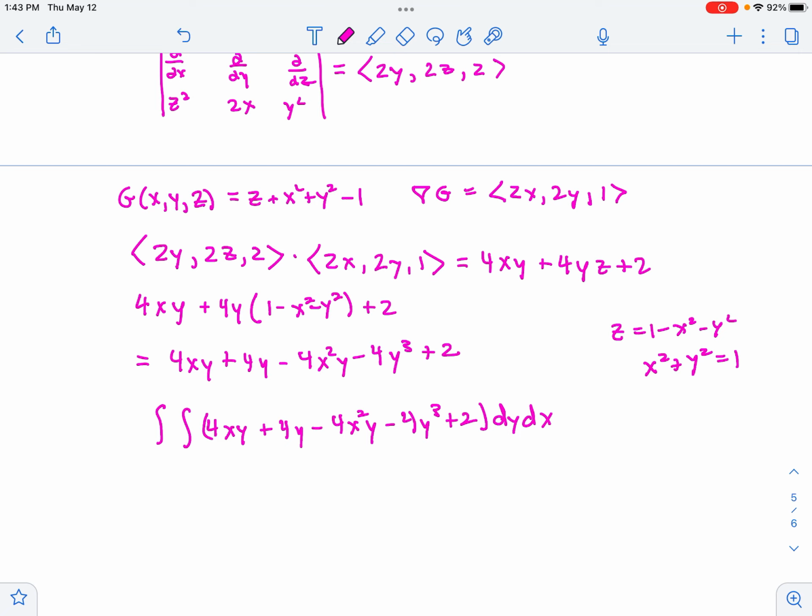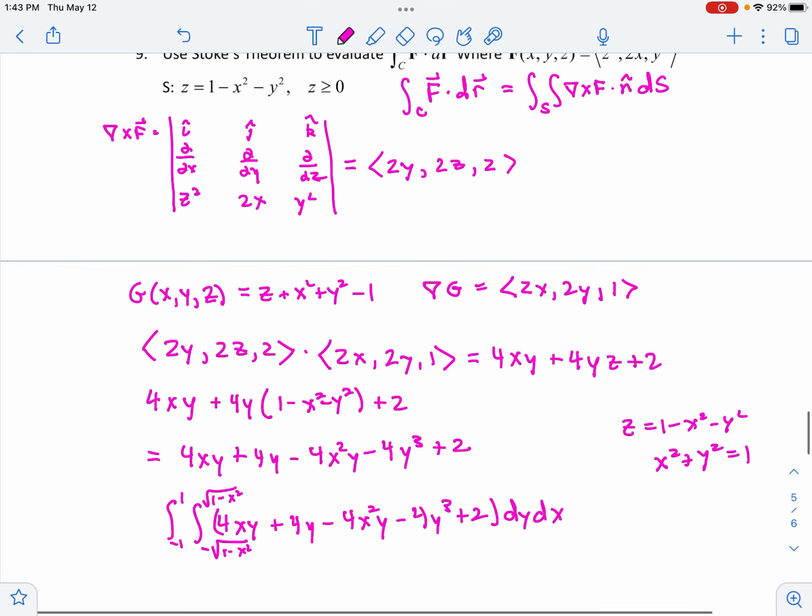So I'm going to integrate from negative square root of 1 minus x squared to square root of 1 minus x squared. See, because it's a circle. And then I'll go from negative 1 to 1 for the x. And that will give you what you're looking for. Okay, so just integrating this monster is all you need to do. Now, I think that's all of those.